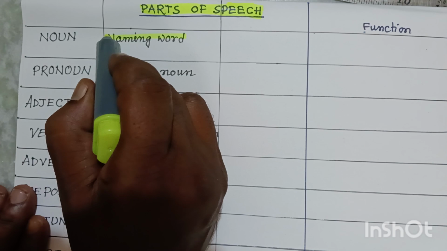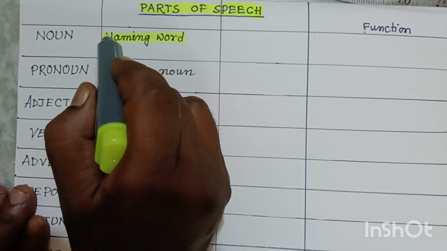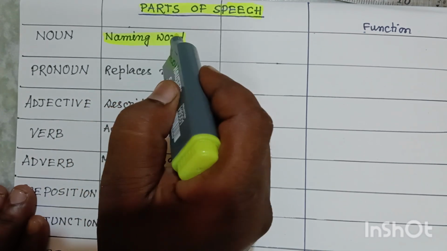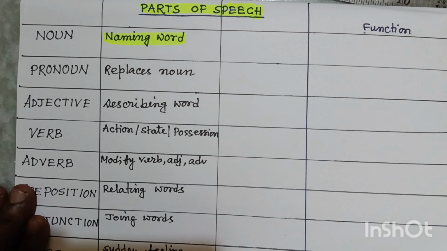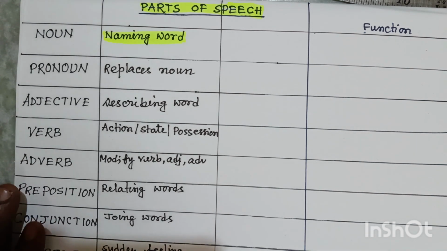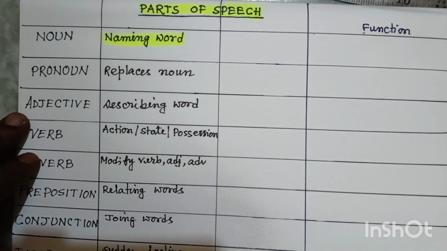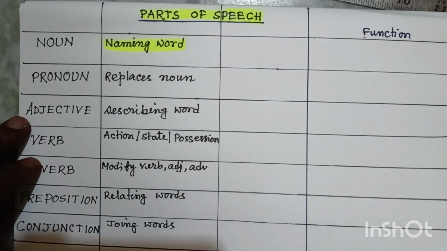Friends, the names or the feelings or any kind of idea or concept that exists in our life, obviously it has a name, because without a name we cannot express anything.